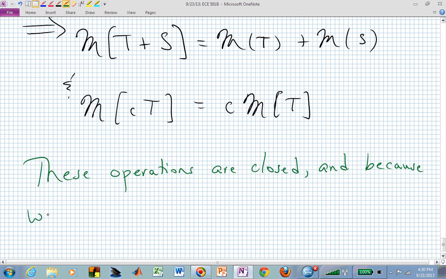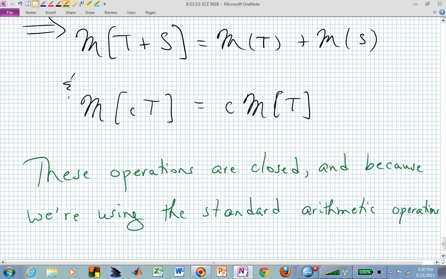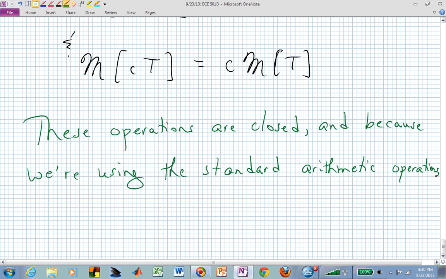And because we're using the standard arithmetic operations, we get all of the other properties that we're used to having with addition and scalar multiplication.